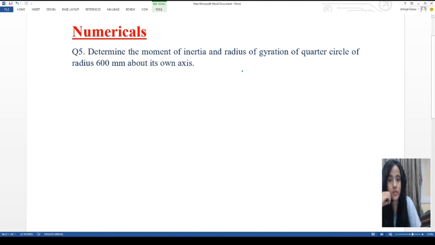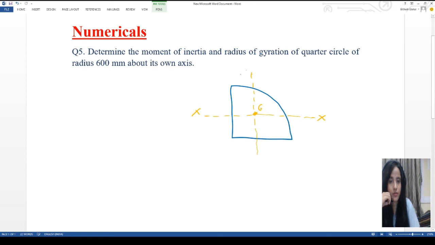The geometrical section now is a quarter circle, and let us say that its x-axis is running from here, and y-axis from somewhere from here.